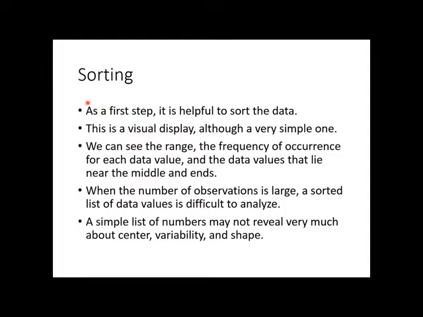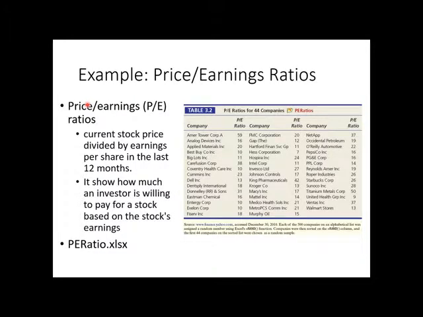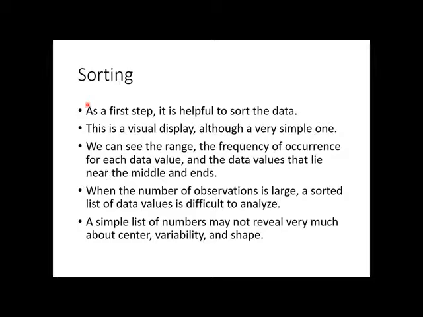If you have data, then the first thing you have to do to understand the data is sorting. As a first step, it is helpful to sort the data. You can reorder this data from the smallest value to the largest value.